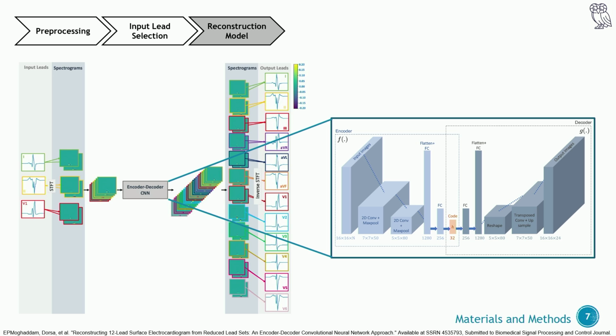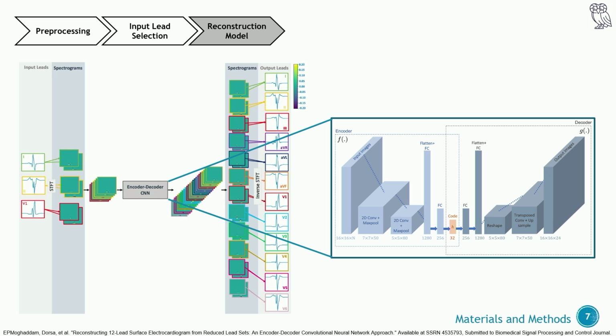And what we train is that we feed the model with, let's say, 3 leads out of those 12, and reconstruct a set of 12 leads, and then compare those 12 with the actual recorded data that we have. So the actual 12 leads recorded from patients in the data set are going to be the ground truths. It's a regression model.